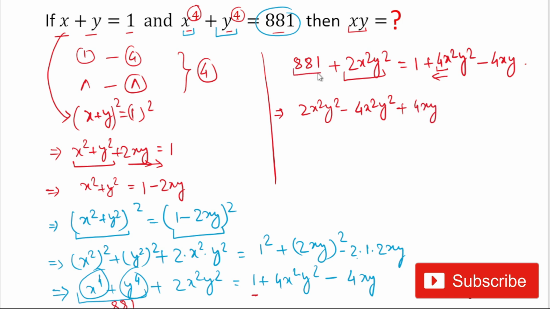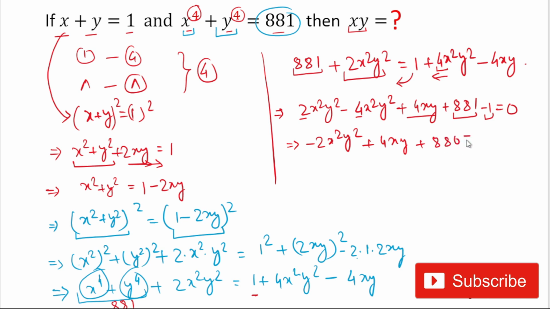Here 881, and after that we'll take this 1 to the left hand side, so it will be negative 1, equal to 0. Now we'll simplify here. 2x square y square and negative 4x square y square will be negative 2x square y square, and here 4xy, and 881 minus 1 will be plus 880, that's equal to 0.